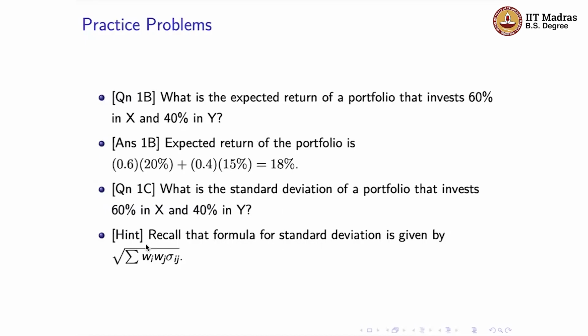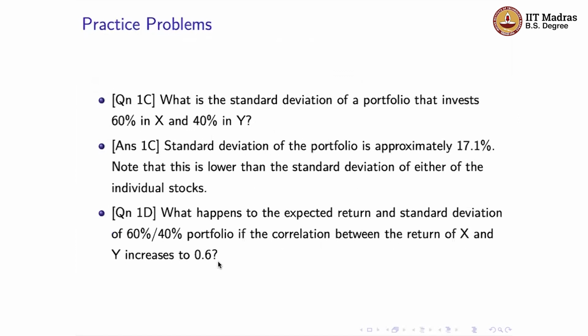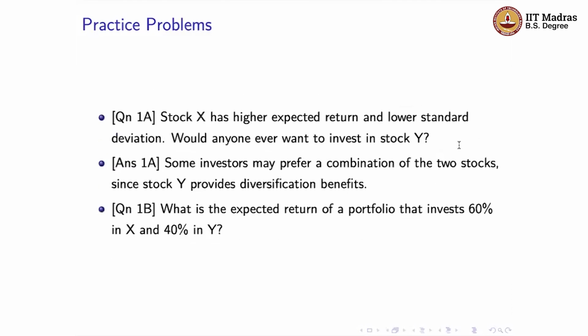Okay, so once you have put in this information, you should end up getting that the standard deviation of the portfolio is approximately 17.1%. Let us note that if we have this portfolio of 60% in X and 40% in Y, the standard deviation is 17.1%.